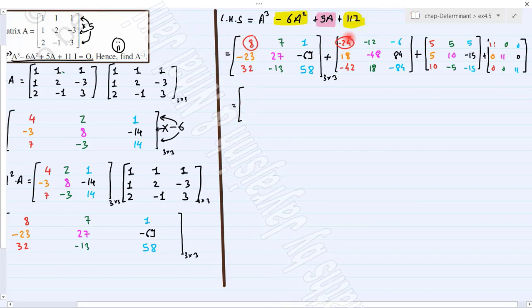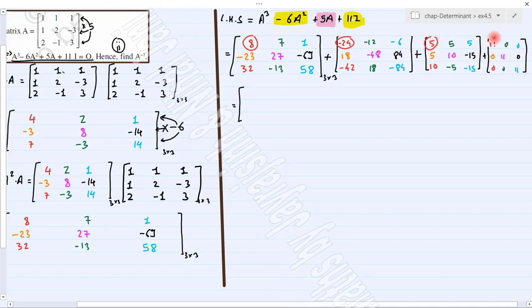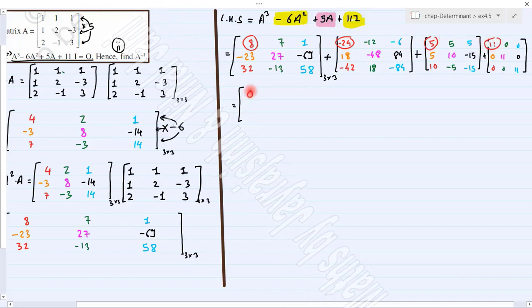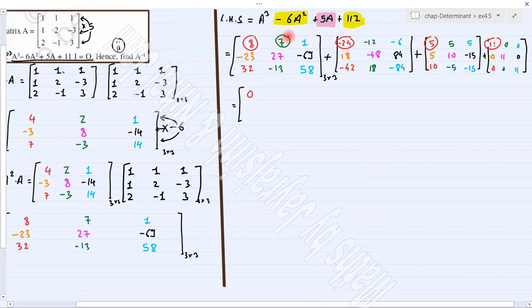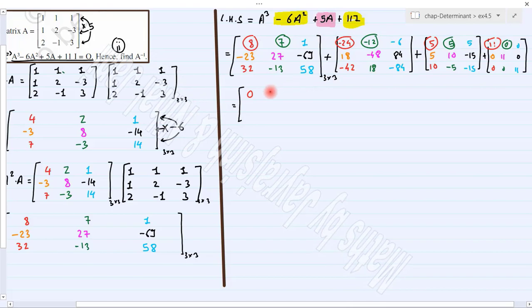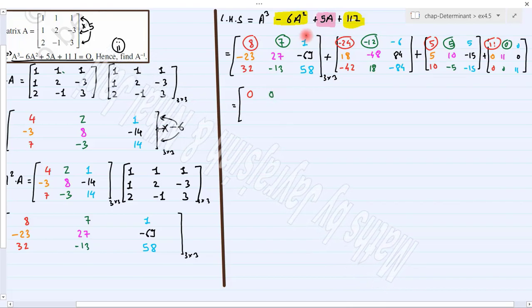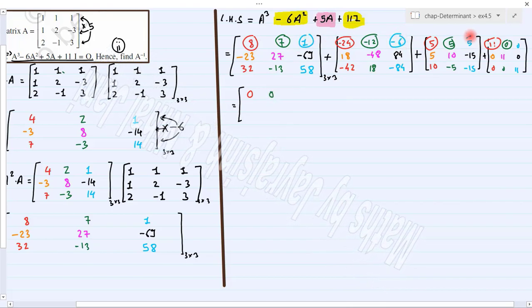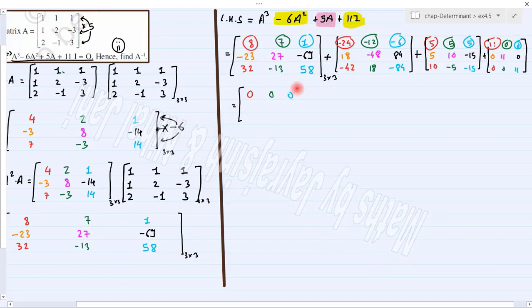So 8 minus 24 plus 5 and plus 11 will give us 0. Similarly, 7 minus 12 plus 5 plus 0 will also give us 0. Then the third element will be 0.